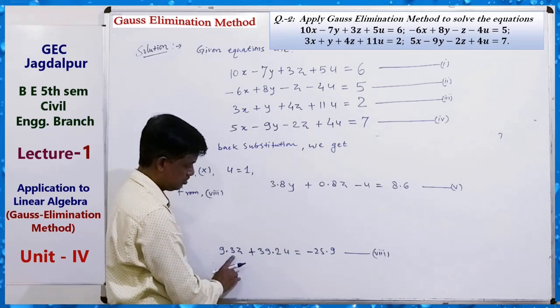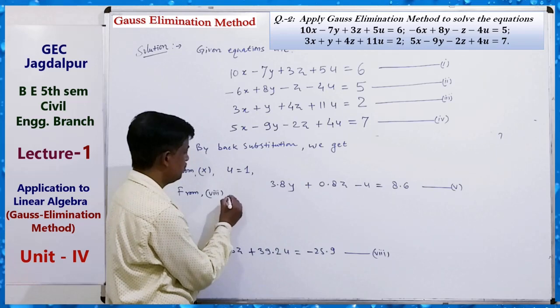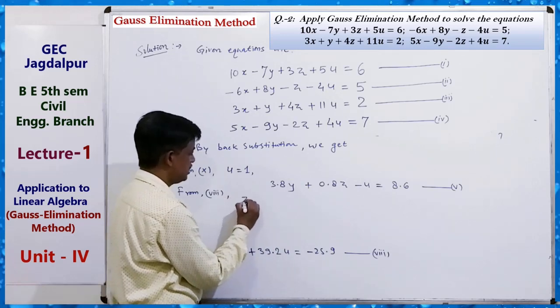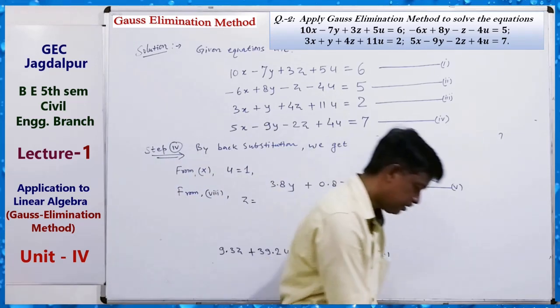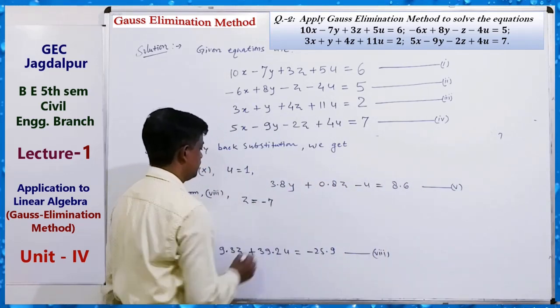So this equals this minus this, divided by 9.3. You can get the value Z equals to what? Minus 7. Z equals to minus 7.